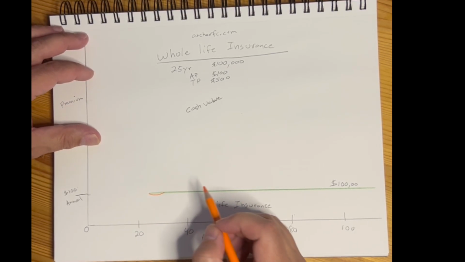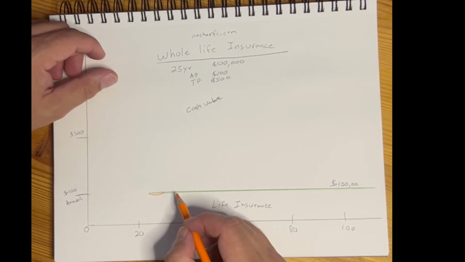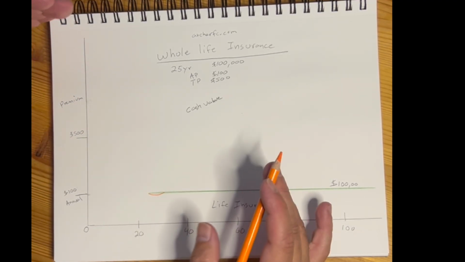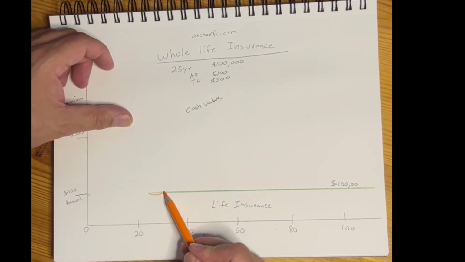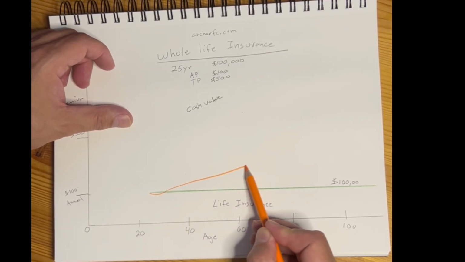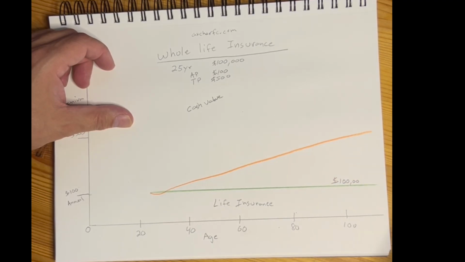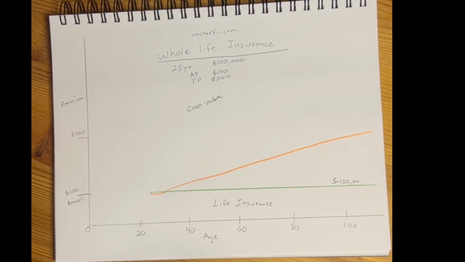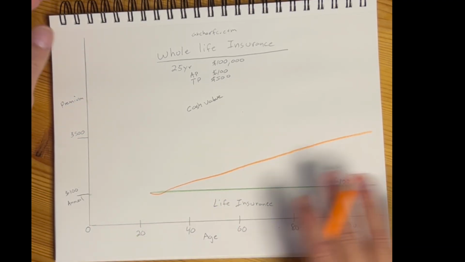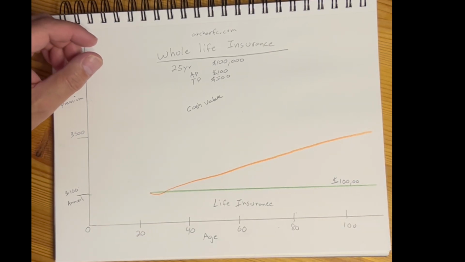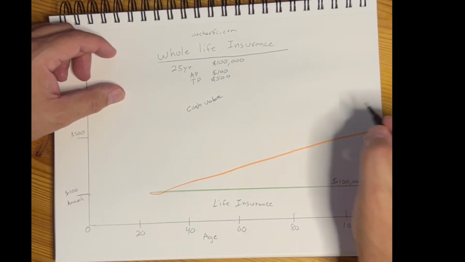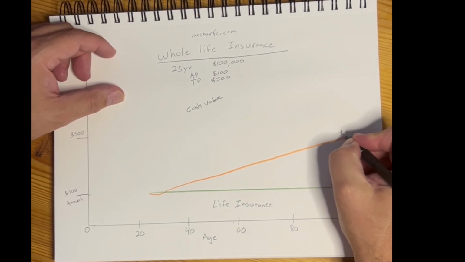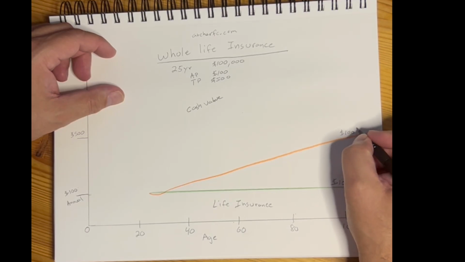This small dip is due to the first year or two paying off the life insurance, and then it steadily starts climbing over the life of the policy. This is not to scale, just an example of what the policy is going to do during its life. This is the $100 a month annual premium.